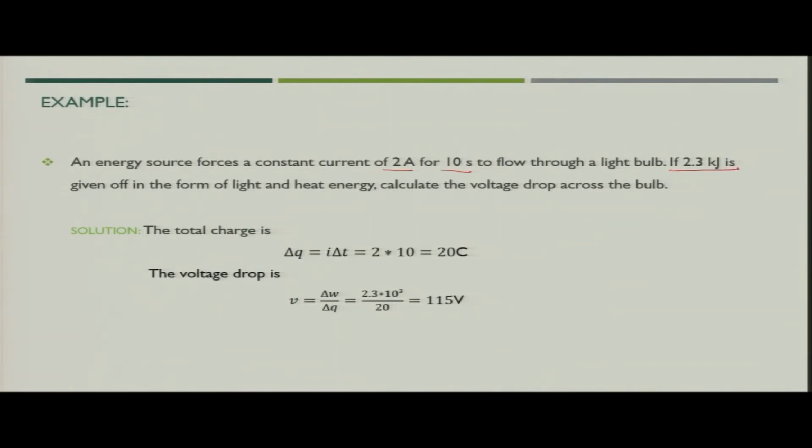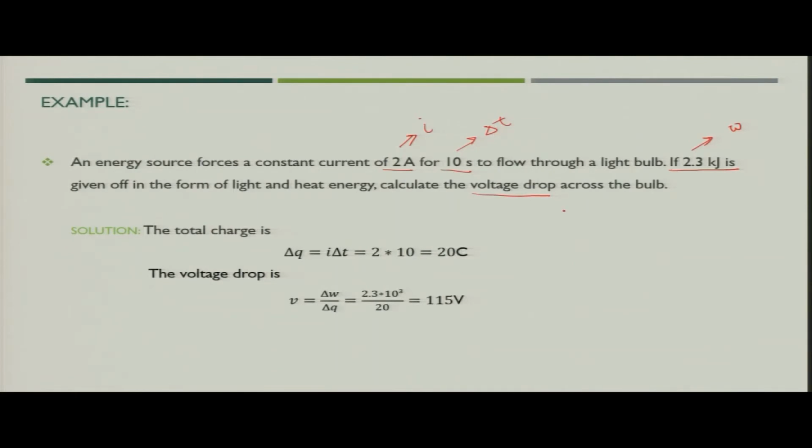If 2.3 kilojoule is given off in the form of light and heat energy, what is the voltage drop across the bulb? Now, what is given? You have got current I, you have got time delta t, and you have also got the value of energy which has been consumed.